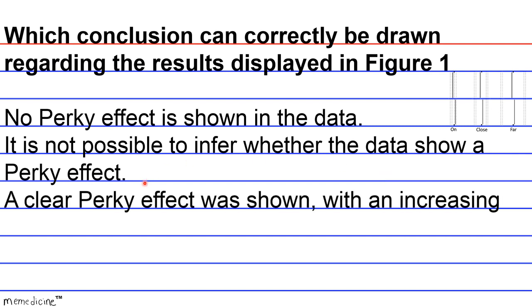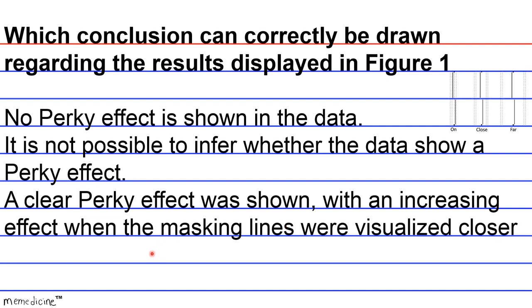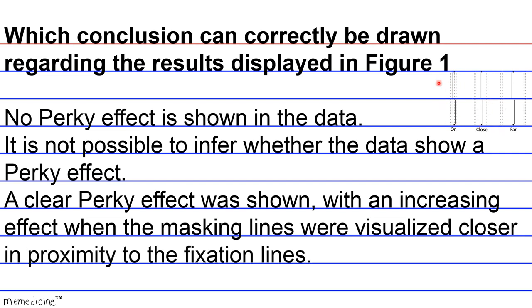Is it C, a clear Perky effect was shown with an increasing effect when the masking lines were visualized closer in proximity to the fixation lines? I'll give you a moment to think, and definitely press pause if you need to. You may want to open up a second window to view the passage or visuals in order to select the correct answer choice.